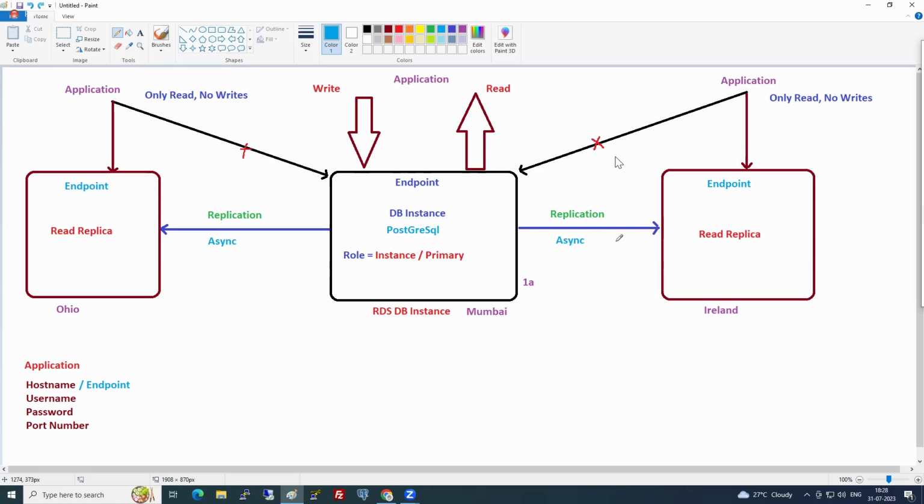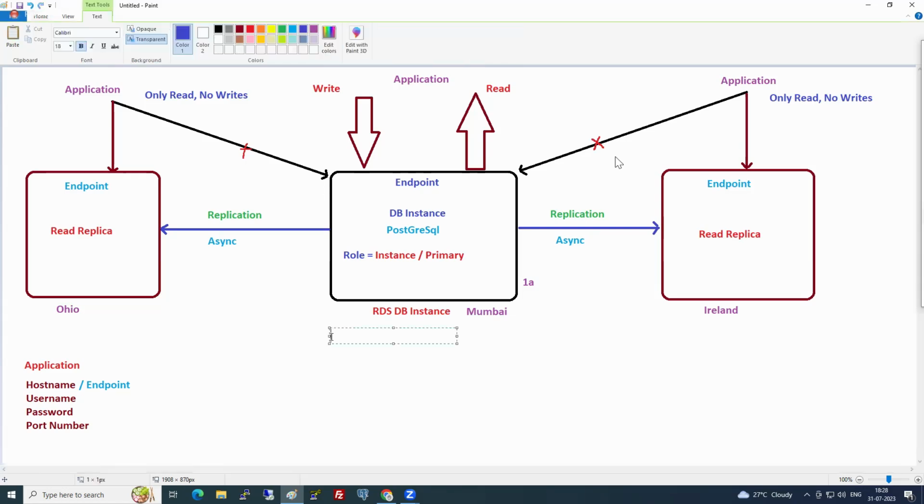So it is not for high availability purpose, it is just to increase performance. So let me go and write. RDS is regional or global? RDS is regional. So read replicas are used to increase the performance, not HA.